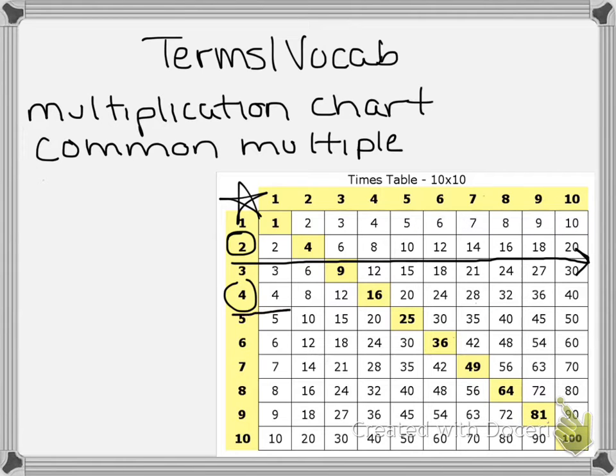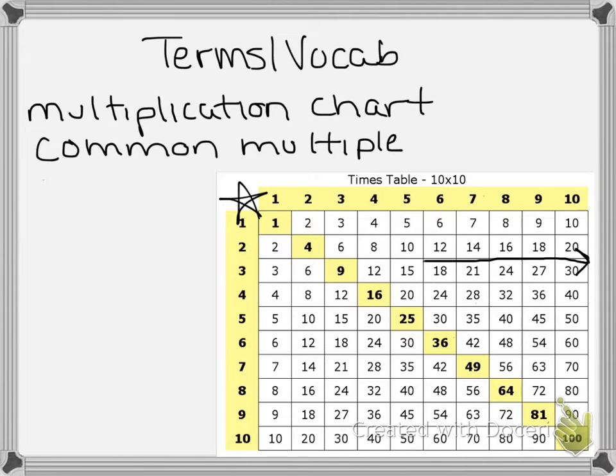So pretty quickly, I can see that both of these numbers, 2 and 4, have 4 in common. So 2 and 4 have a common multiple of 4.